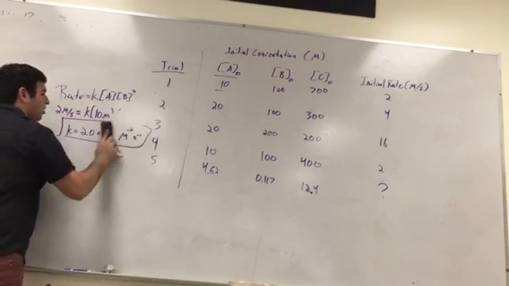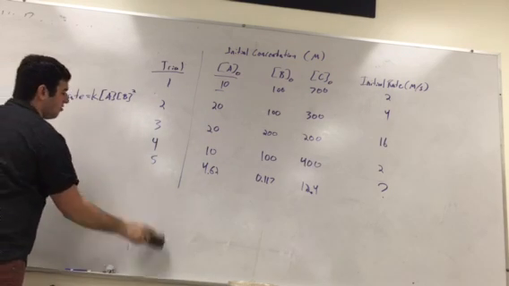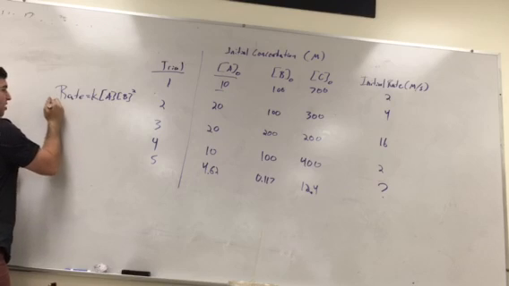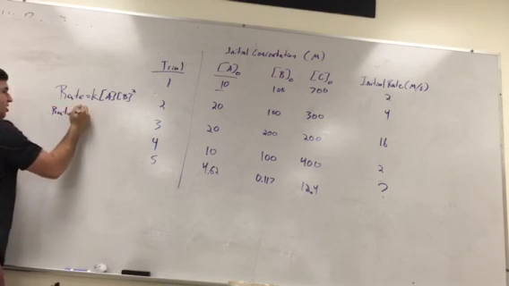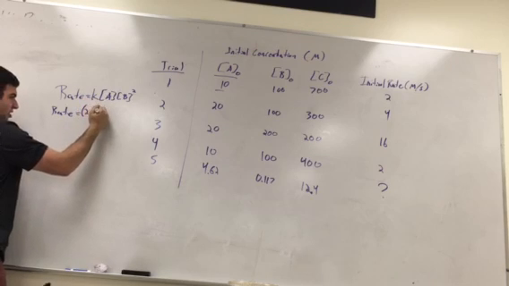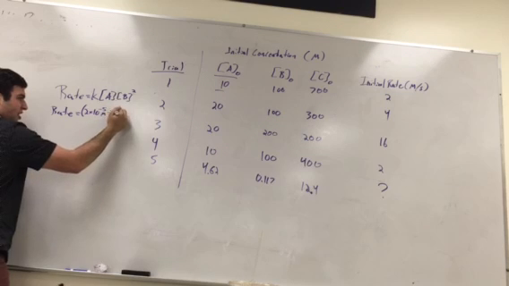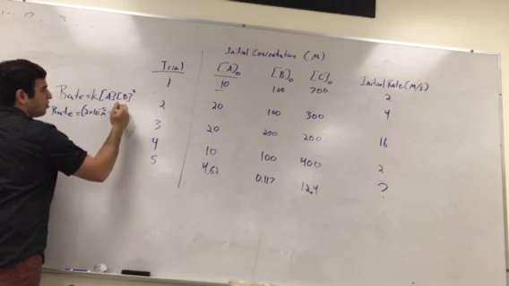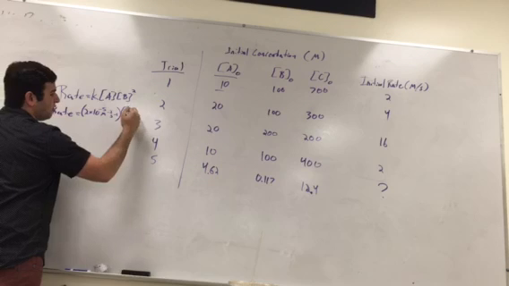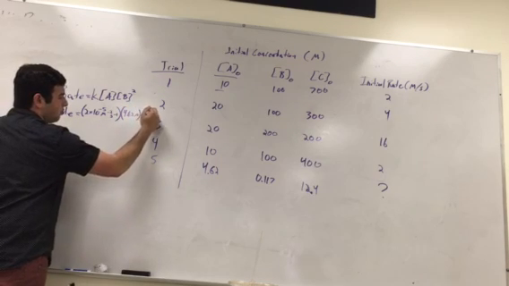So maybe I'll ask you what the rate is for trial 5. For this one, I'm going to find the rate equals K, which was 2 times 10 to the negative fifth molarity negative 2, second negative 1, times the concentration of A, which is 4.62, times the concentration of B, which is 0.117.